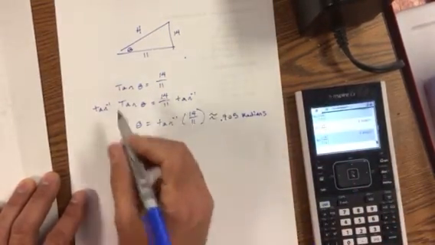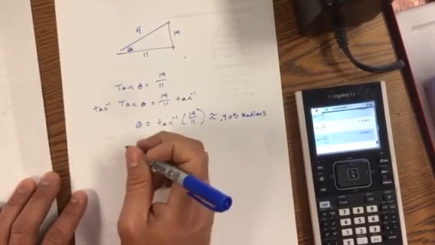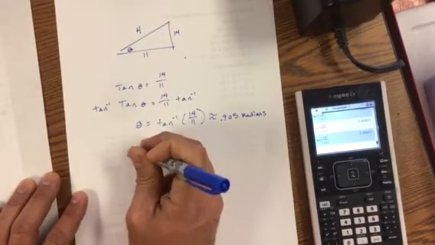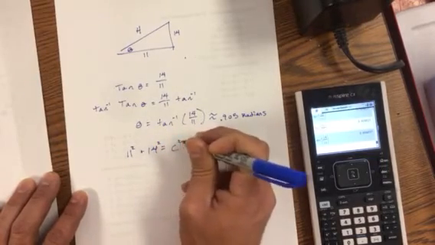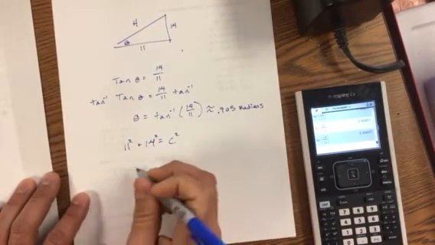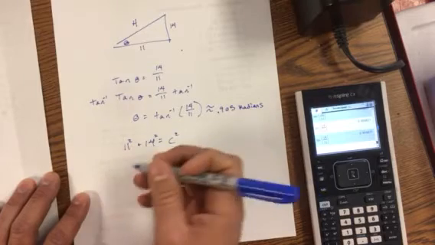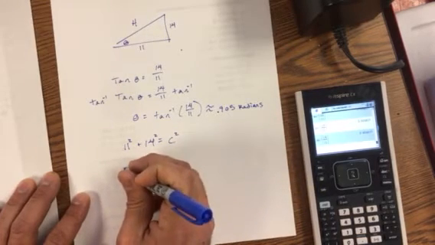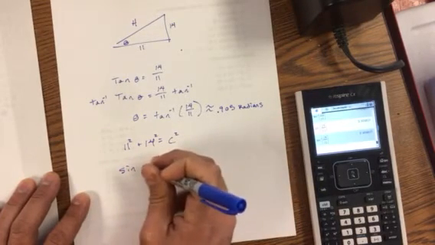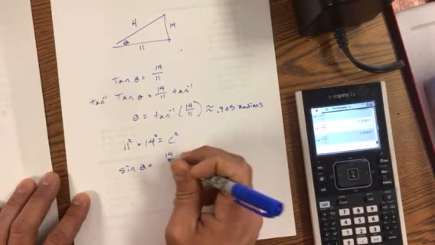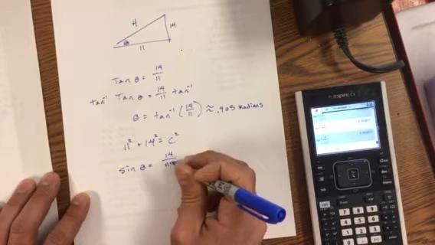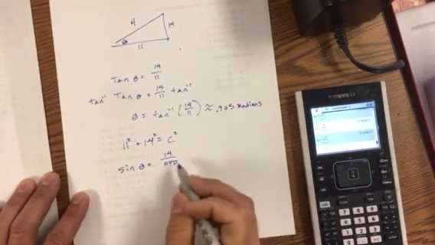If I want to find the other side, I can use the Pythagorean theorem, which tells me a squared plus b squared equals c squared. Or I can use one of these that uses the hypotenuse. I could use the sine of theta equals the opposite side, which is 14 over the hypotenuse, which is what I'm trying to solve for.